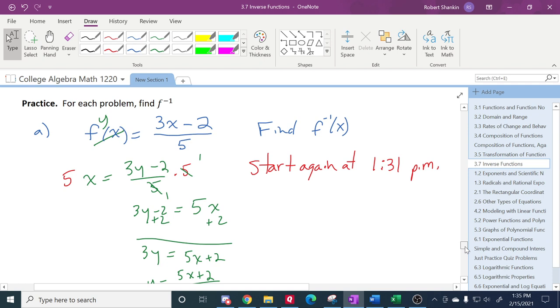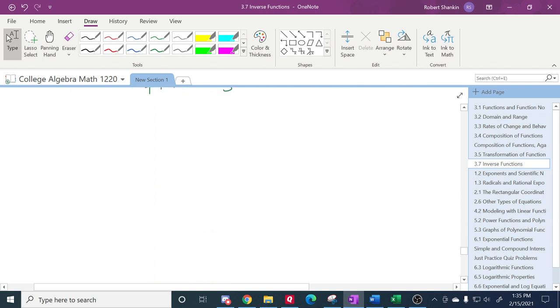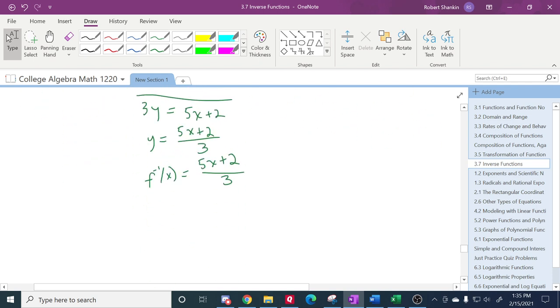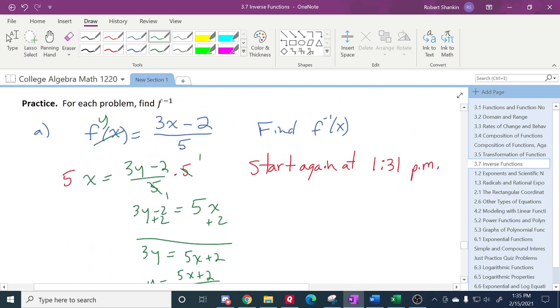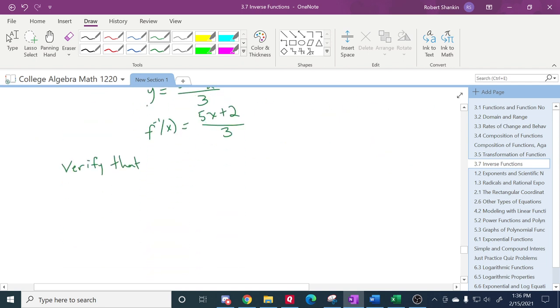So, next task will be to verify that f of x is (3x minus 2) over 5, and f inverse of x is (5x plus 2) over 3, are really inverses.